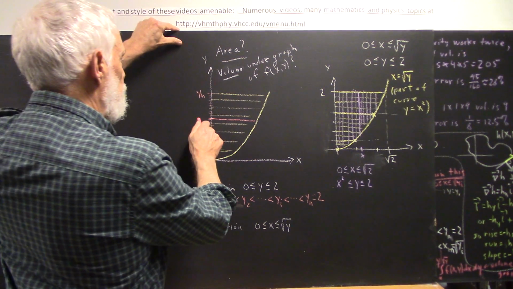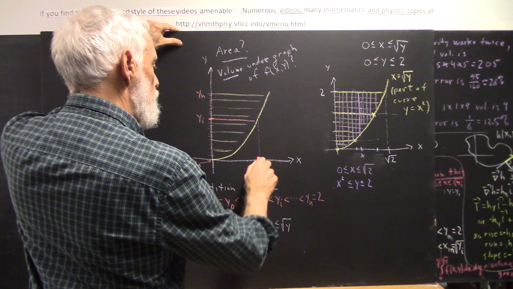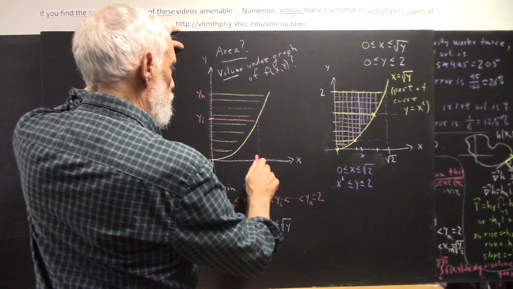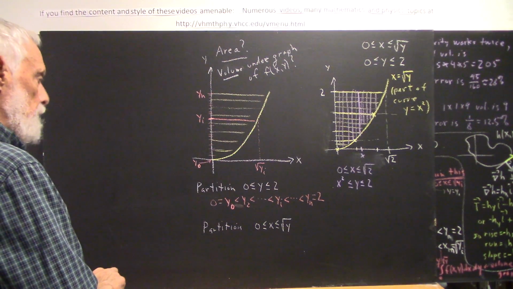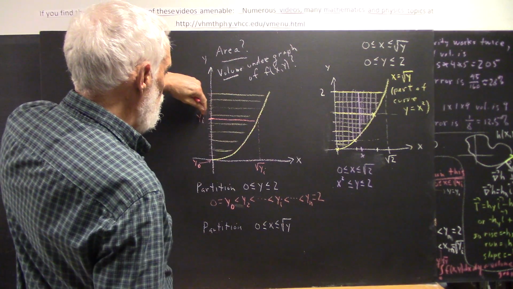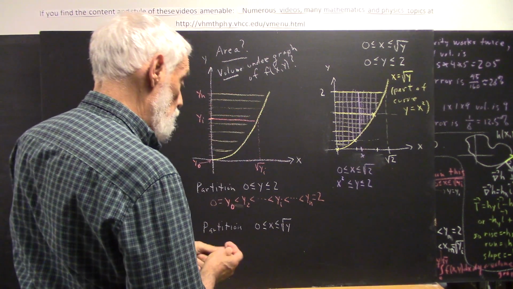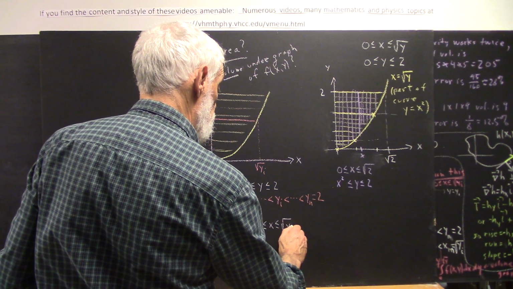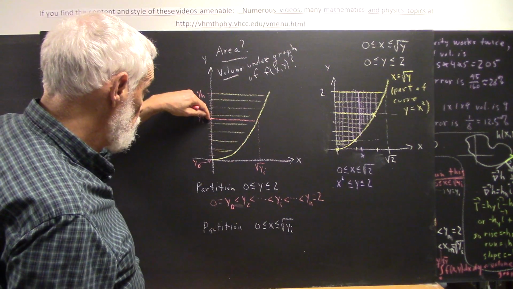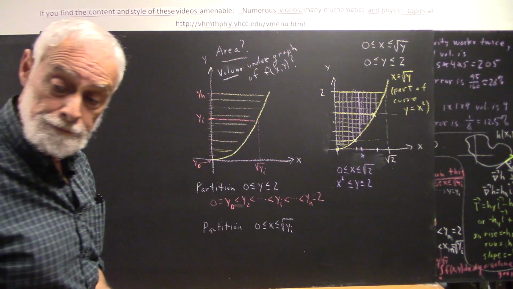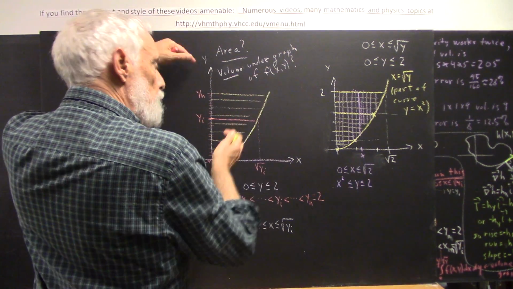So, okay, here's y sub I, and over here is a value of x, which is the square root of y sub I. So what we want to do is understand that our interval corresponding to y sub I goes from x equals 0 to x equals the square root of y sub I. So the interval I want to partition is x going from 0 to the square root of y sub I. That's going to correspond to this part of the region under the graph.